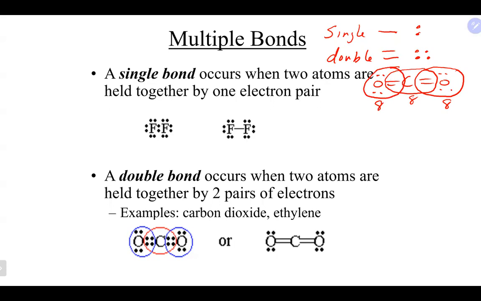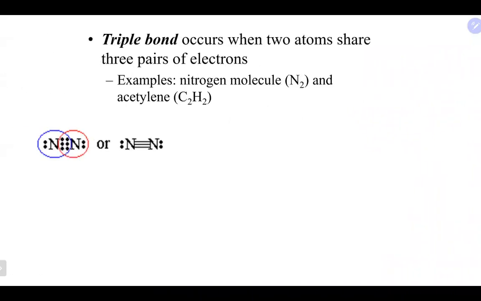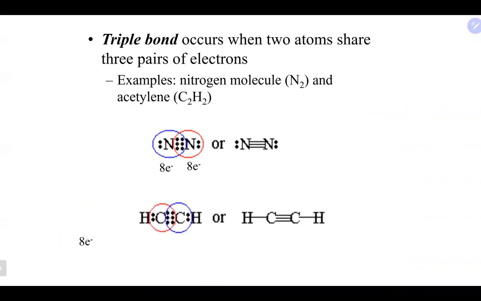Now we also could have a triple bond, and sometimes you do need a triple bond to get everybody to meet the octet rule. Nitrogen is an example of that. Nitrogen is actually a triple bonded molecule, and that gets everybody to the octet rule.